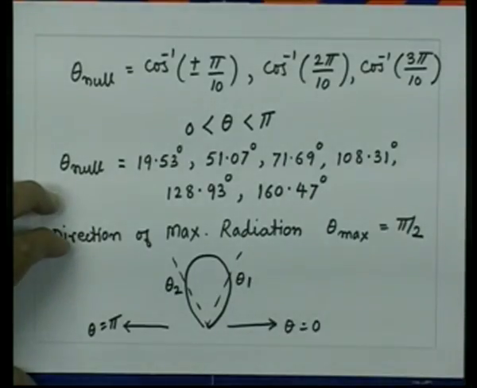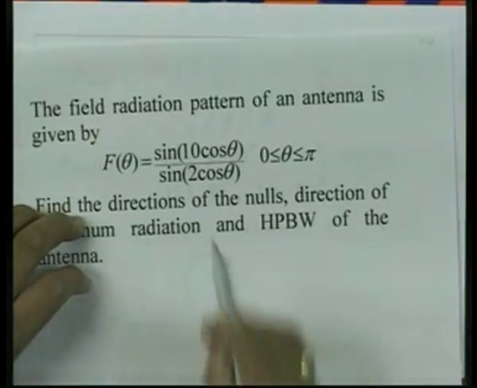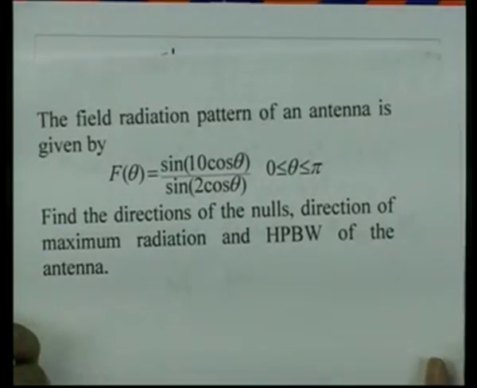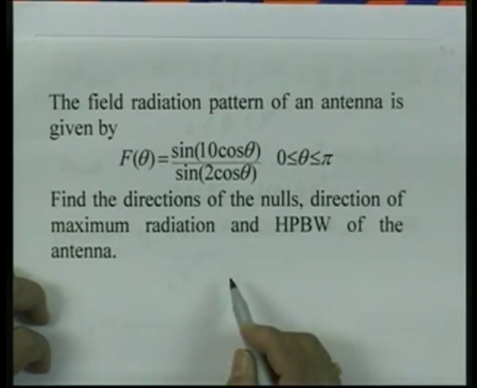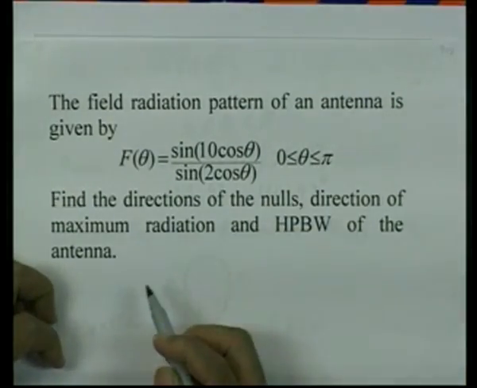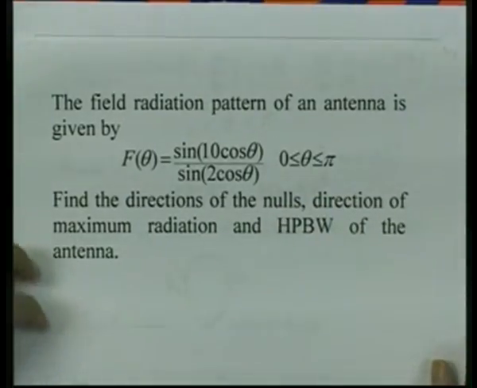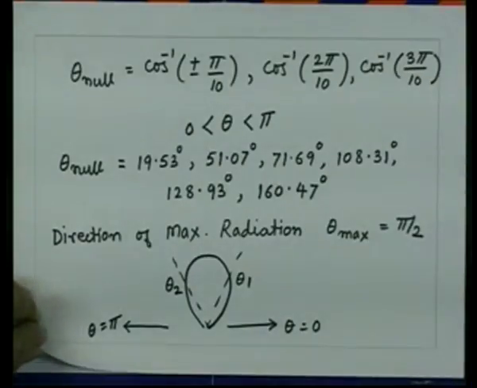So, first we have to find out the maximum value of this expression, and since at theta equal to pi by 2 this is 0 by 0, essentially you have to calculate this by taking a limit when theta tends to pi by 2. So, for this we can expand this.